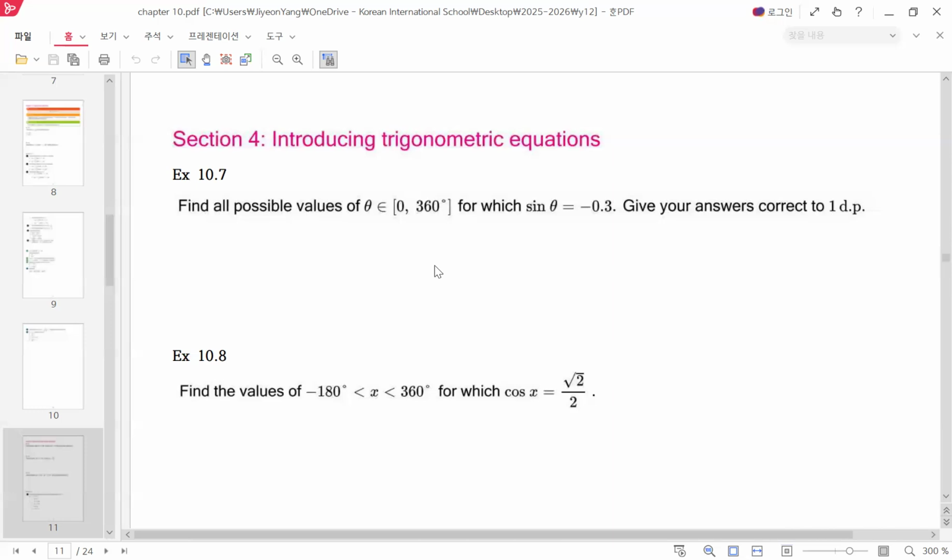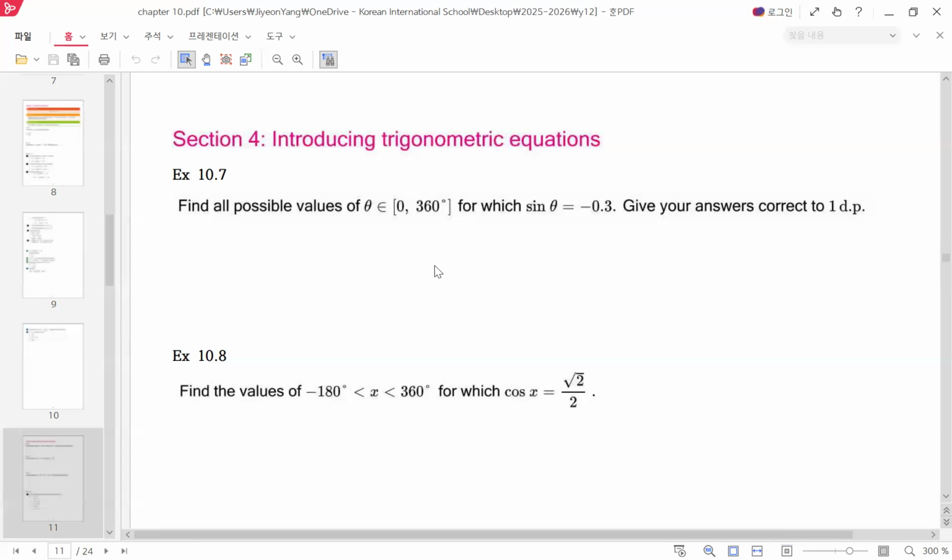So basically, the value of sine is positive when theta is in the first quadrant and second quadrant. So let's say 30 degrees is the first quadrant. The second quadrant angle of 30 degrees is 180 minus theta, which is 150.